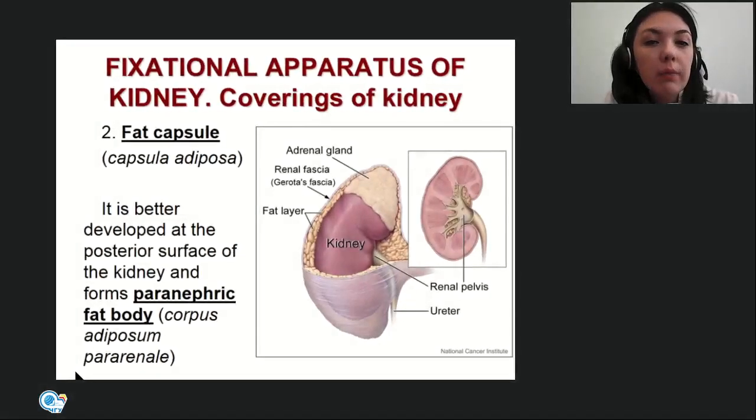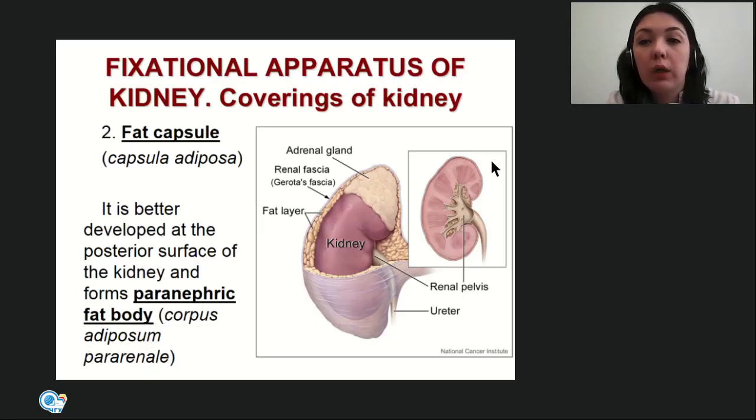The middle layer is fat capsule or adipose capsule, capsula adiposa. It covers not only kidney itself, but also surrounds adrenal gland, and it does not cover only from the surface, but it can also enter renal hilum, renal sinus. It is better developed on the posterior surface of kidney and forms paranephric fat body, corpus adiposum pararenale.